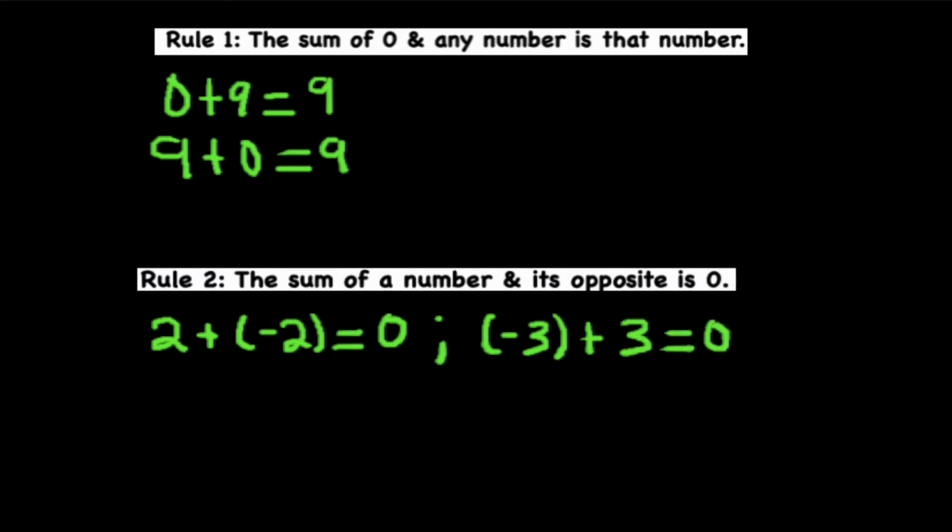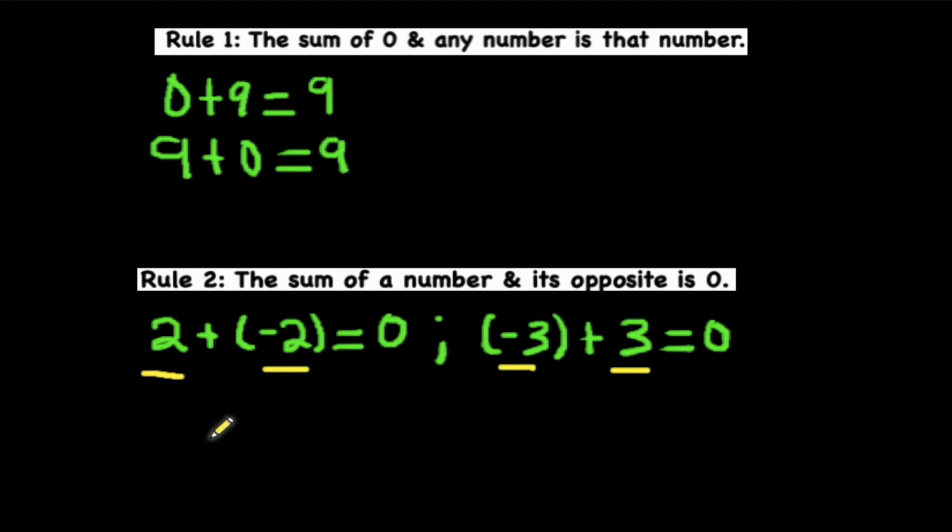Really, all you're saying is 2 minus 2 is equal to zero. Same with -3 and +3, so this also equals zero. So that's what it means by the sum of a number and its opposite is equal to zero, okay?